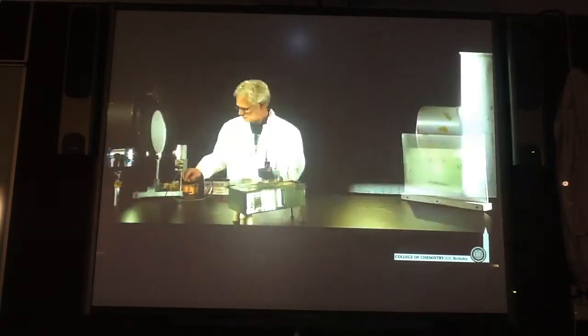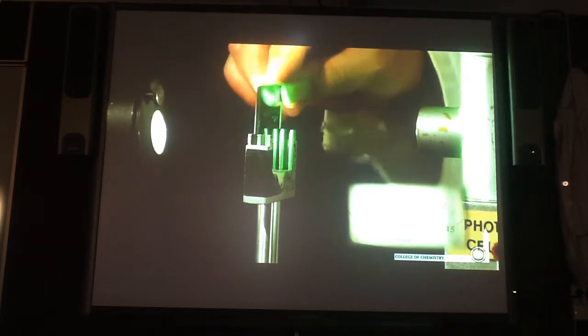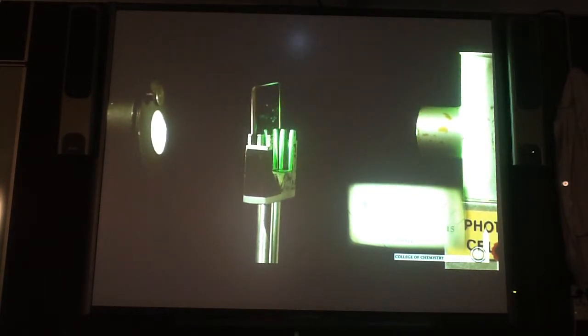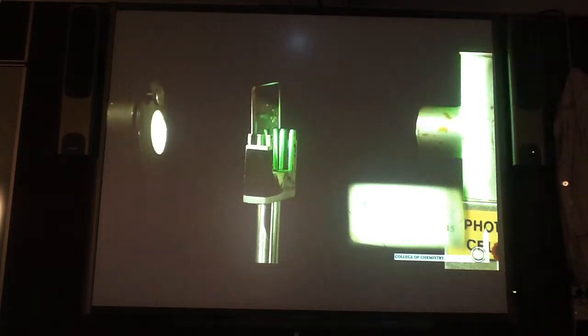If we go to higher still photon energy, green wavelengths, that's shorter wavelengths still, higher photon energies, we can see photoelectrons emitted at a higher energy. Now we can still go to higher energy photons.